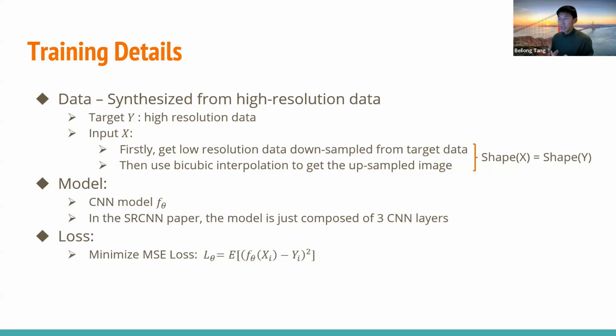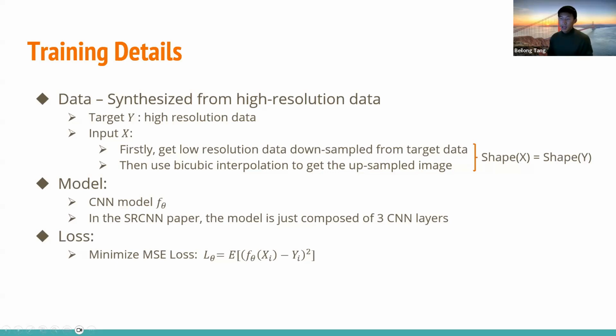Then in this paper, they use bicubic interpolation on the low resolution data to get the upscaled image as input X. The key point here is that they make sure the shape of the input X is equal to the shape of the target.